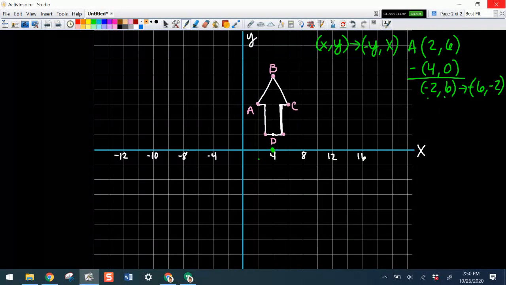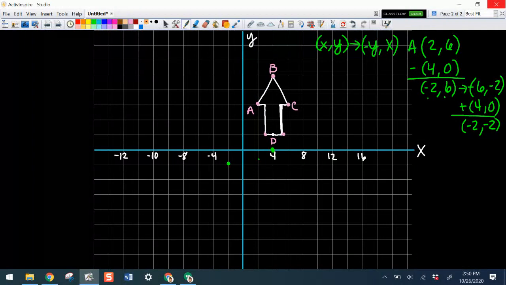So it'll be located at (-6, -2). The last thing we need to do is add the center of rotation back, so we add the point (4, 0). -6 plus 4 is -2, and -2 plus 0 is -2. So point A, after the 90 degree rotation around the point (4, 0), would be at (-2, -2) right here.